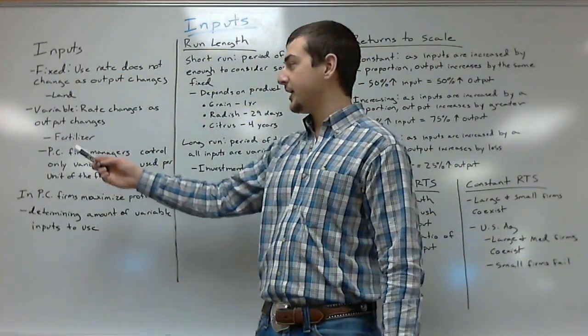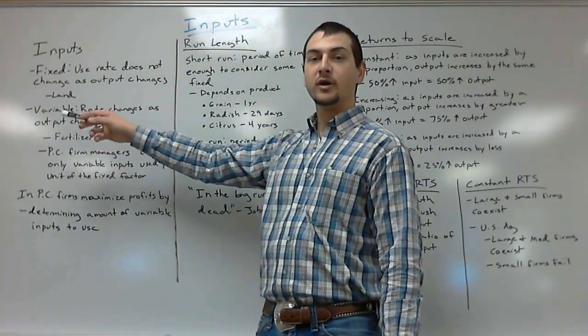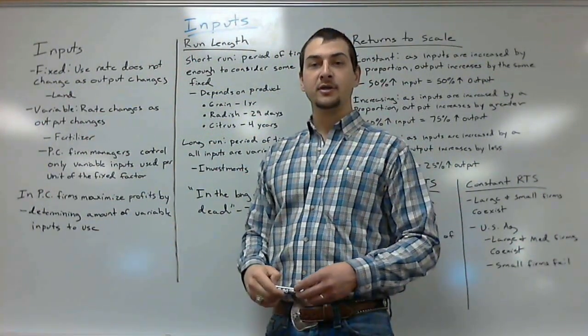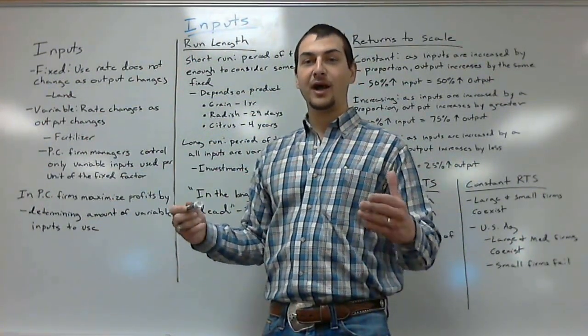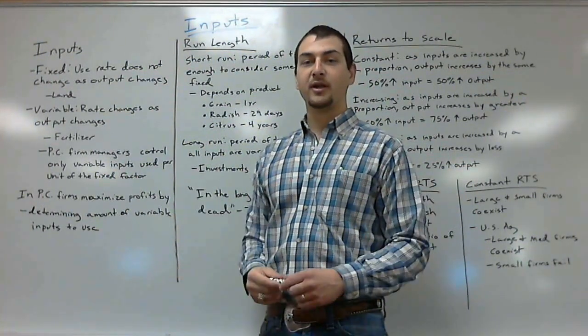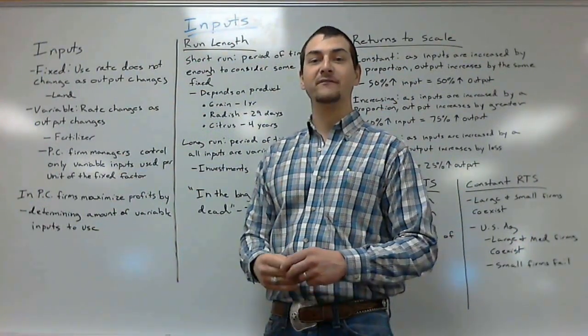But rather they're going to say, how much of this variable input am I going to use? What is the profit maxing amount of this fertilizer that's going to give me the absolute highest profit that I can possibly make? What is the appropriate amount of fertilizer to maximize my profits, or appropriate amount of that variable input?